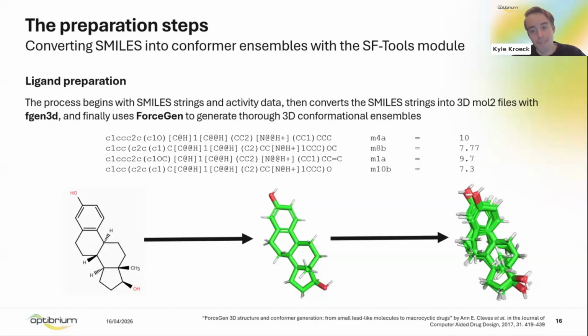Next, we perform exhaustive conformational sampling using ForceGen. ForceGen is a template-free, non-stochastic engine designed to navigate the low-energy landscape of lead-like molecules. Unlike random search methods that can miss key energy barriers, ForceGen uses a systematic heuristic approach to identify a comprehensive set of all relevant local minima.